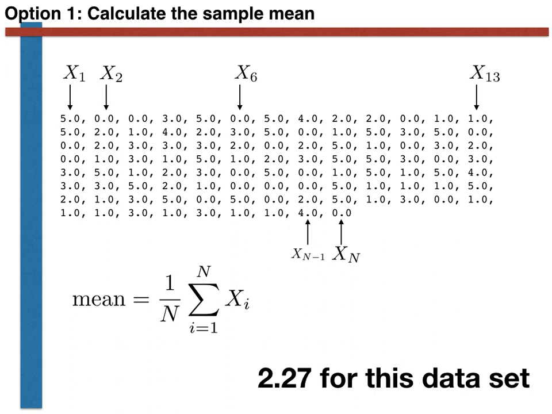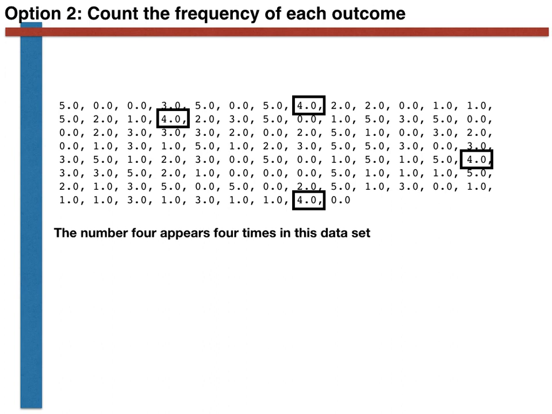A more obvious thing to do is to note that our experimental result is always either a 0, a 1, a 2, a 3, a 4, or a 5. We can thus count how many times each of these numbers appears in the dataset. For instance, if we consider the number 4, we see that this comes up 4 times.